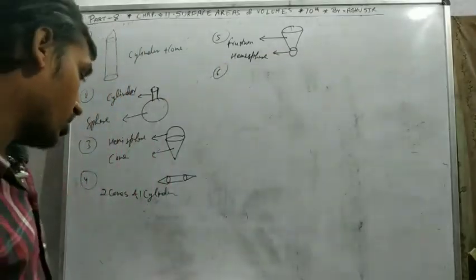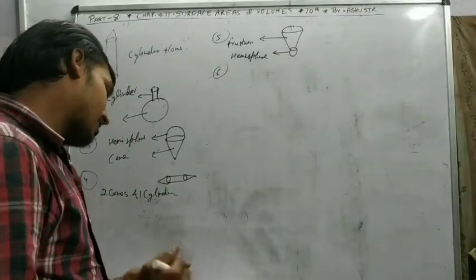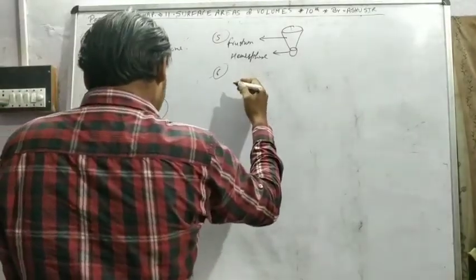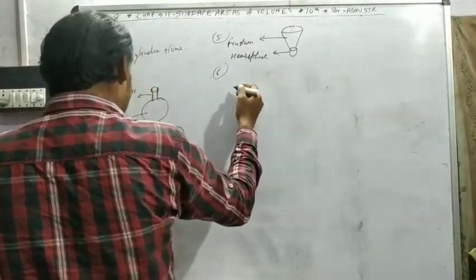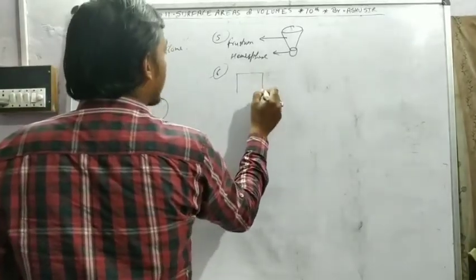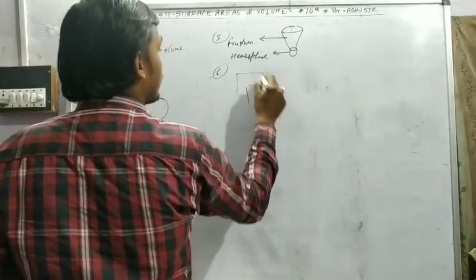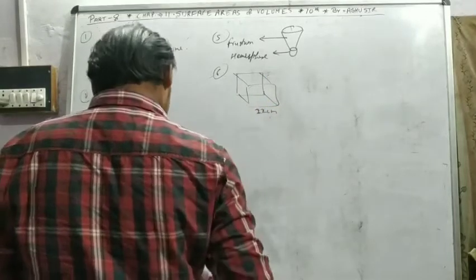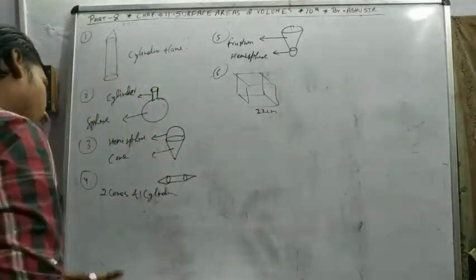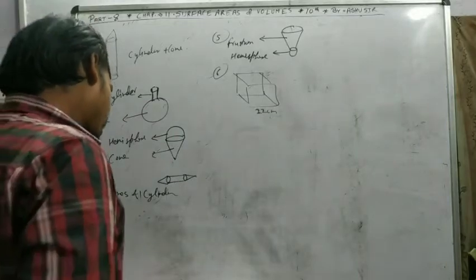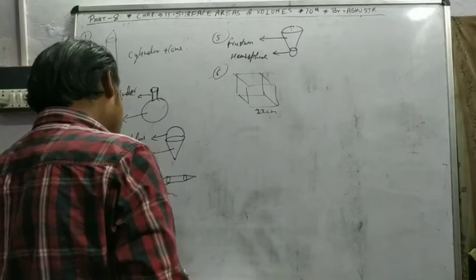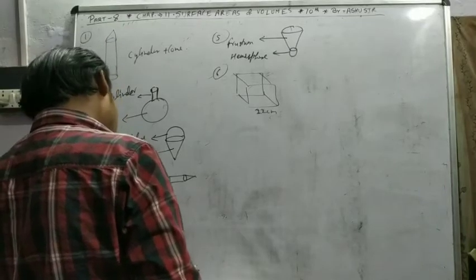Talk about the next question. A cubical ice cream brick of edge 22 cm is distributed among some children by filling ice cream cones of radius 2 cm and height 7 cm up to the brim.